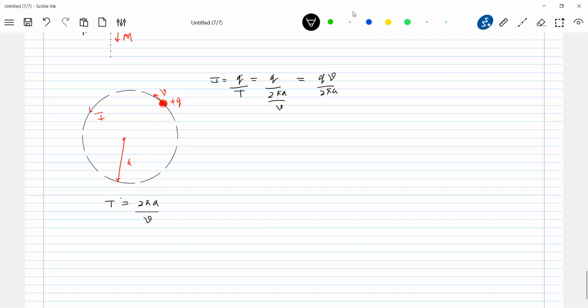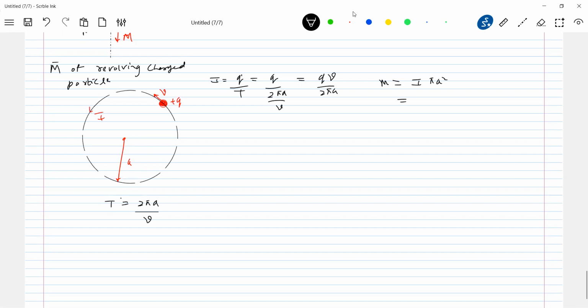So what is the dipole moment of this revolving charged particle? We are denoting it by m. What is the basic definition? Current into area.